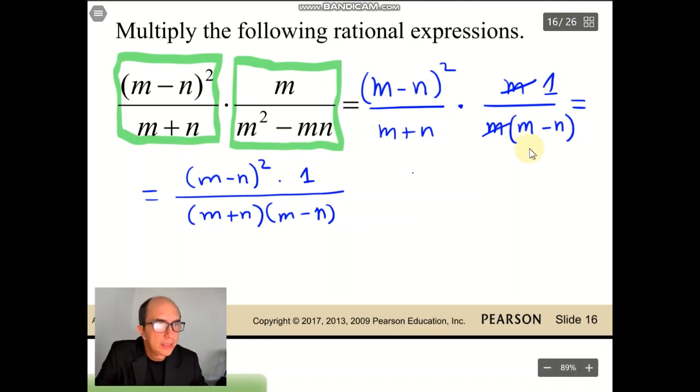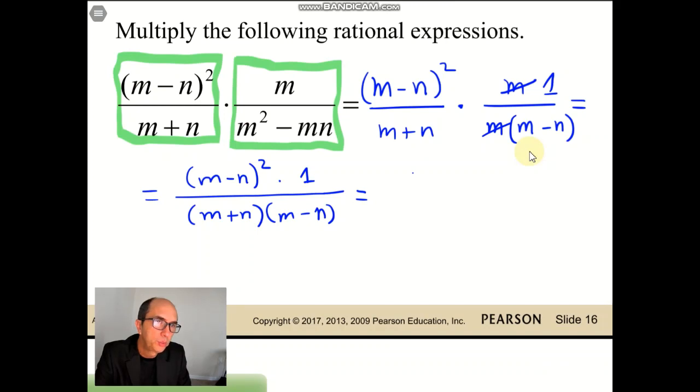Now let's check if we can simplify anything. Here we have m minus n squared, and underneath we have a similar factor, m minus n. We can simplify. This square is going to be simplified with this, because we're going to divide one of the m minus n here by m minus n. This is going to be 1.